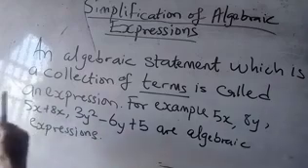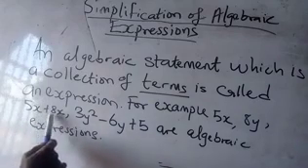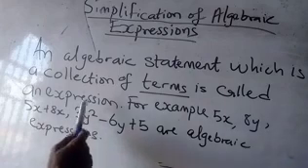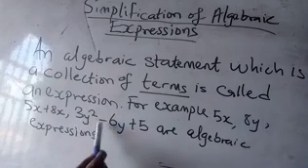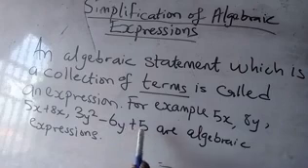Somebody can say 5 sweets plus 8 sweets, that is 13 sweets, is an expression. 3x squared minus 6y plus 5 is an algebraic expression.